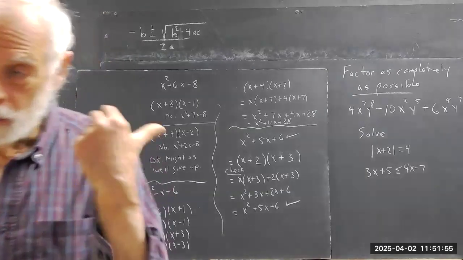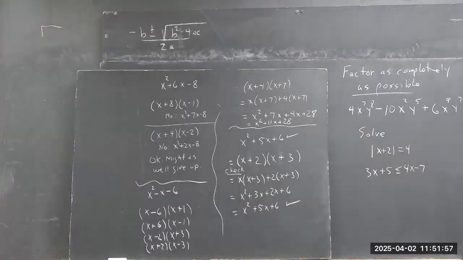So figure out which one of those works. Write it out, multiply it out. And if you're not sure which one works, start with the first one, use the distributive law, see what you get. And then do the second one, and the third one, and the fourth one.